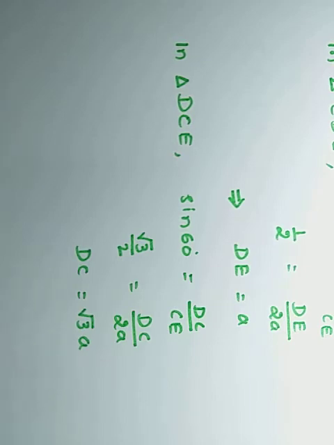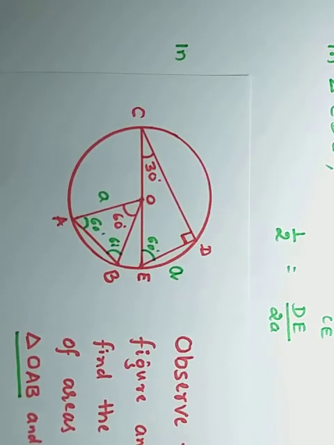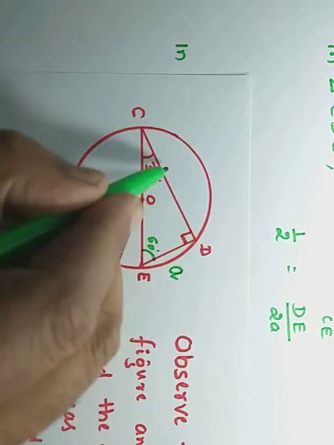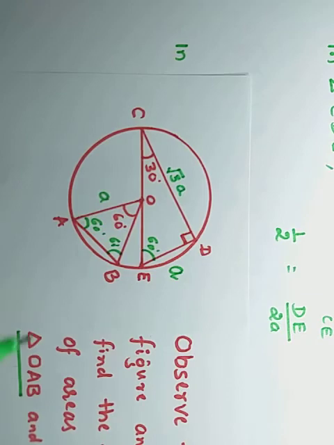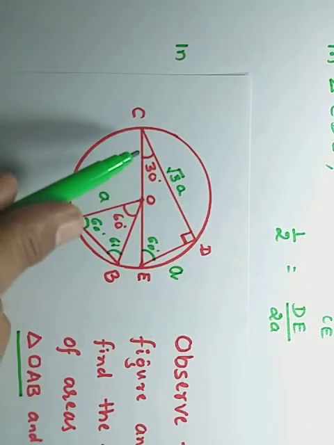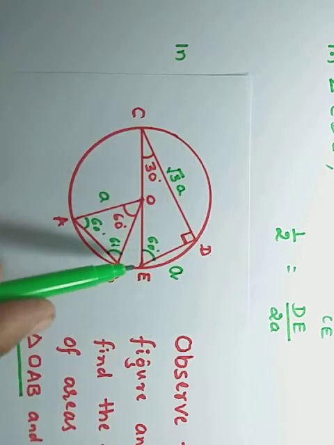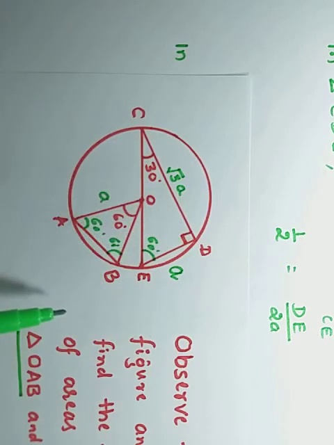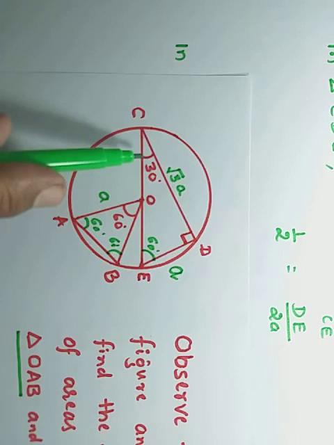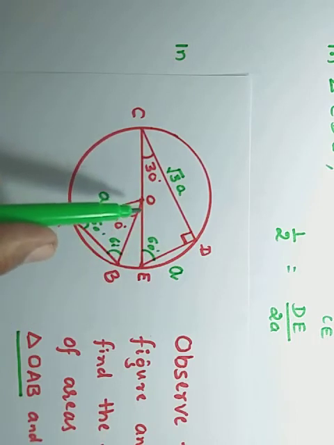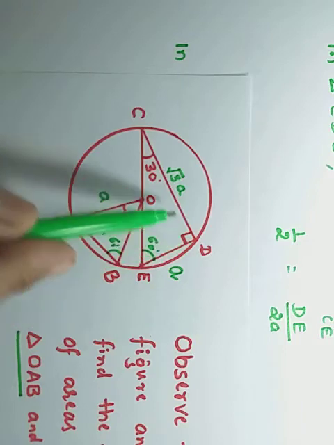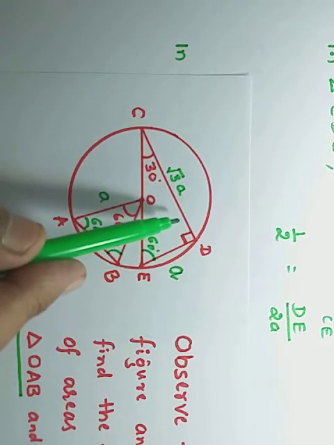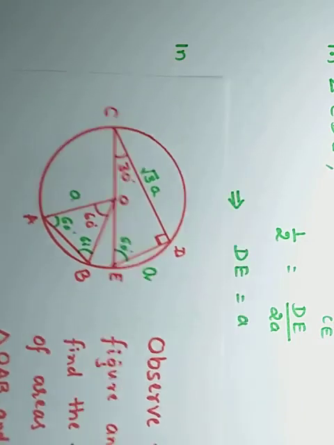It's a beautiful concept. Just check it here. This has become root 3a and a. In this triangle, CD becomes the base and ED becomes the height. Therefore, half base into height, we can easily calculate the area of the triangle.